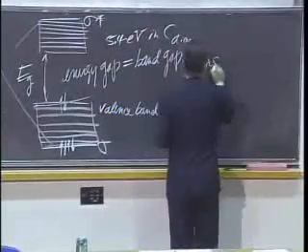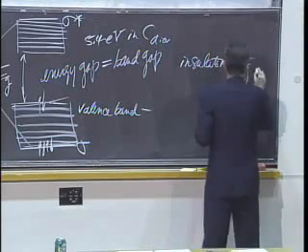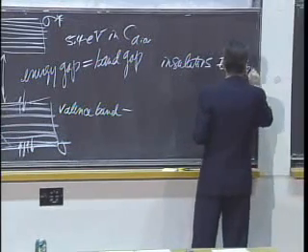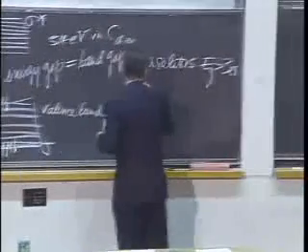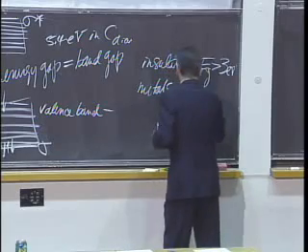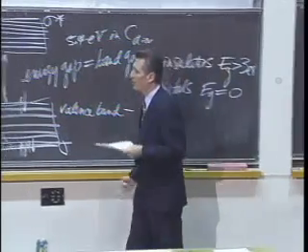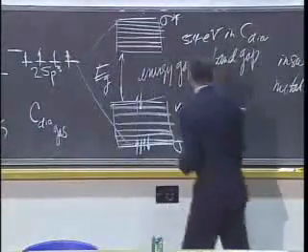Insulators have high band gaps, typically on the order of about 3 electron volts. Metals have no band gap. No band gap. Continuous availability of these closely spaced orbitals.